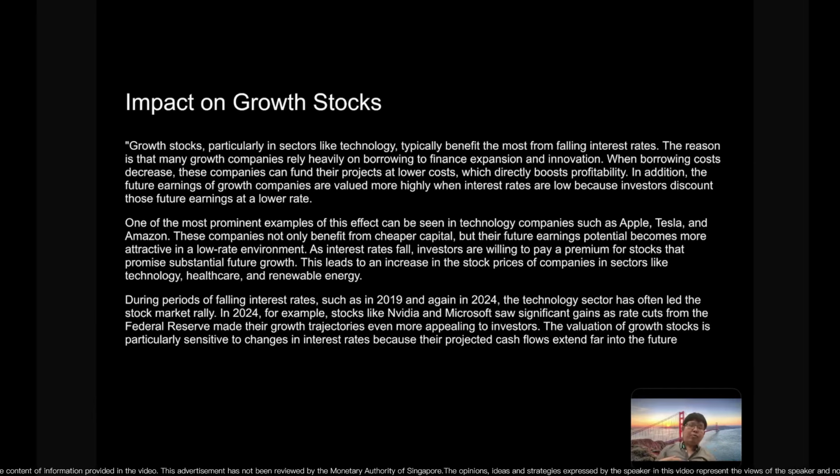But sometimes a stock rise is not only due to interest rate gains. It can also be due to the company's innovation. For example, in 2024 Nvidia and Microsoft showed significant gains, due to their technology rise and also the interest rate drop.